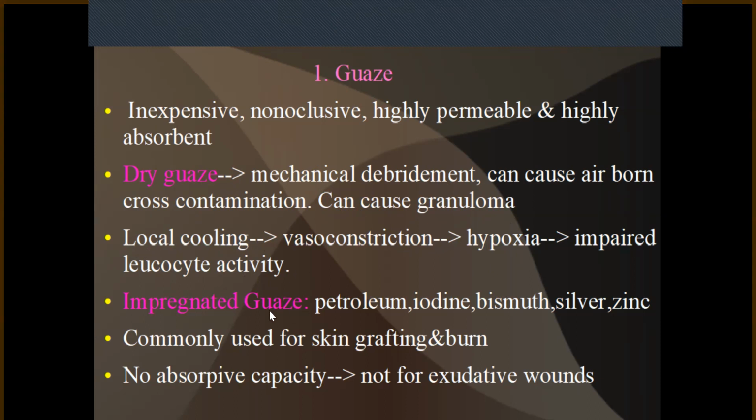Impregnated gauze, this is simple gauze which is impregnated with petroleum, iodine, bismuth, silver, zinc, and it is commonly used for skin grafting and burns where you need a non-adhesive dressing. Impregnated gauze doesn't have absorptive capacity, so it is not ideal for exudative wounds where heavy exudates are coming.